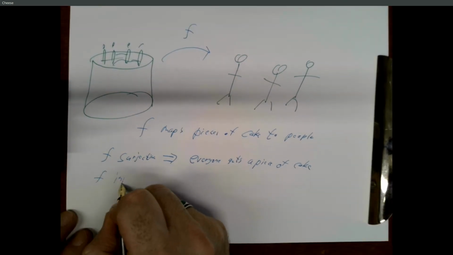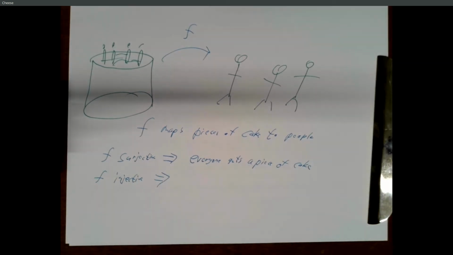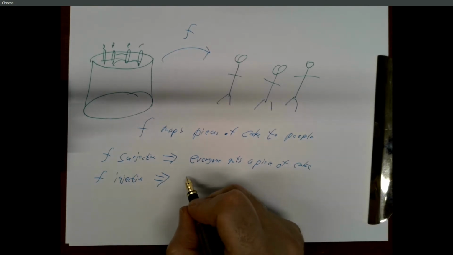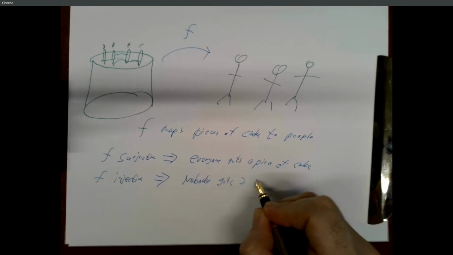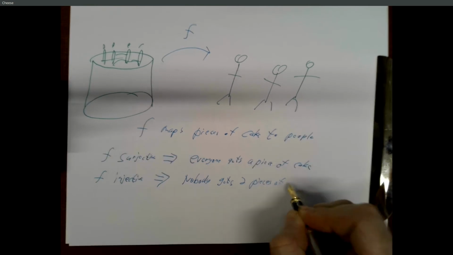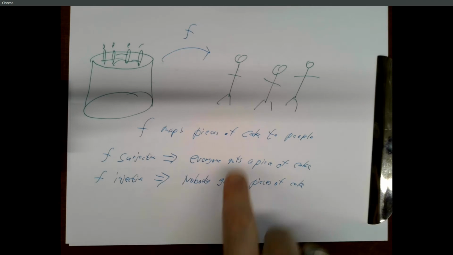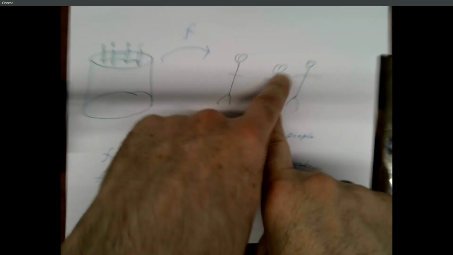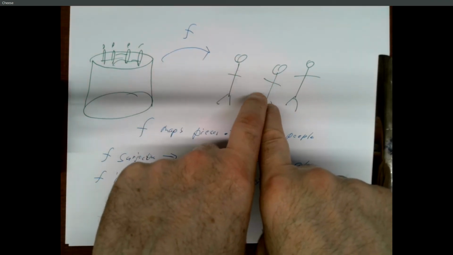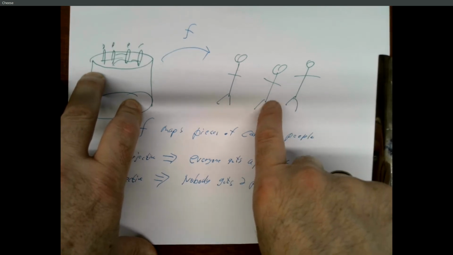If f is injective, nobody gets two pieces. This person might get a piece of cake. If it's surjective, they will definitely get a piece of cake, but they're only going to get one piece of cake. If f maps two different things over here to the same person, then this person would get two pieces of cake.